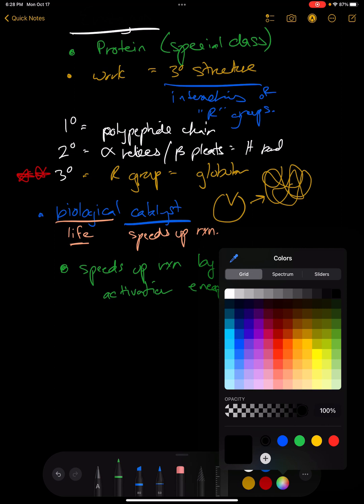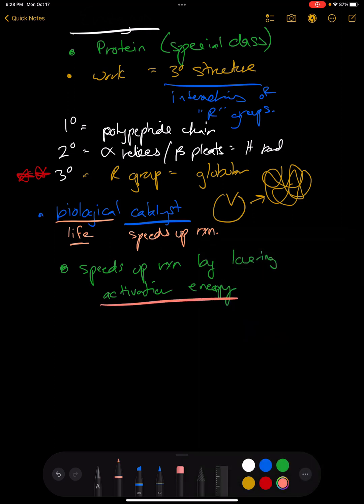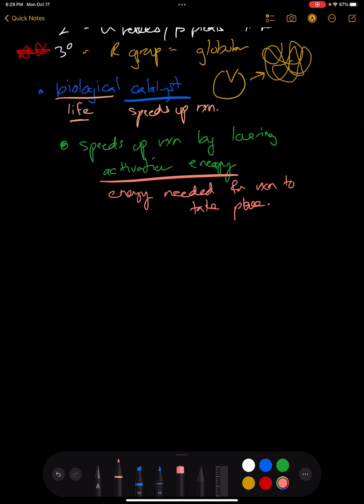And when I talk about activation energy, this is just the energy needed for a reaction to take place. All right. And we've drawn the hill with the balls before, so it's really the easiest one.